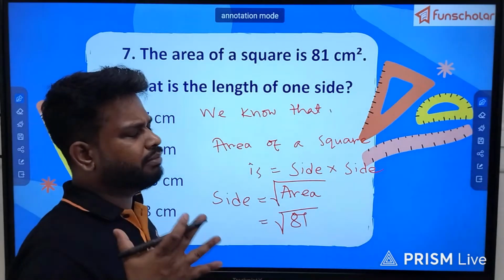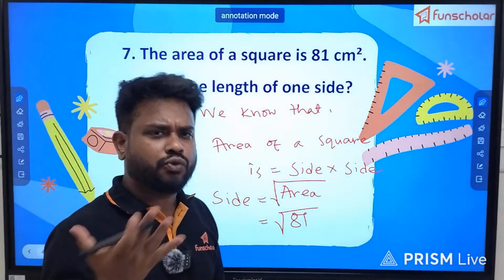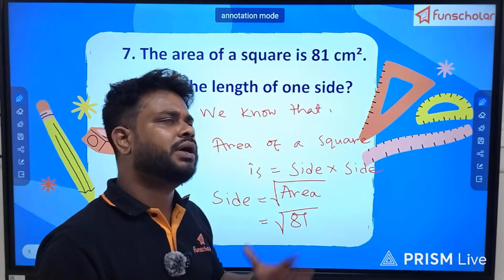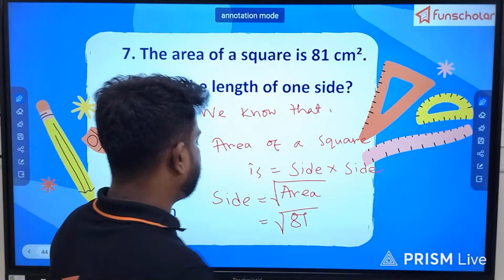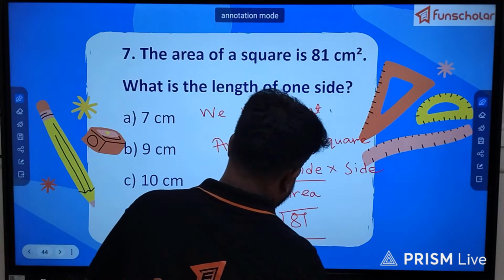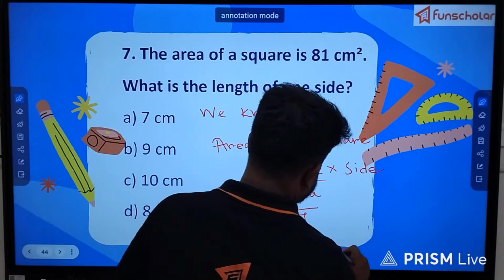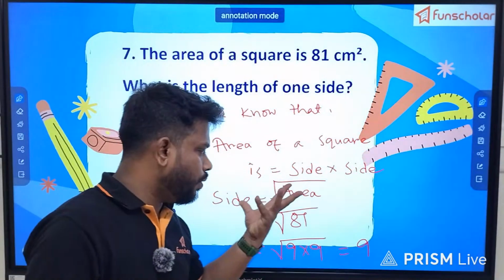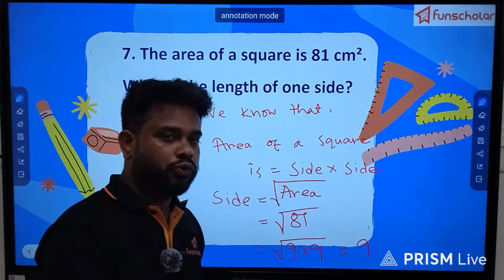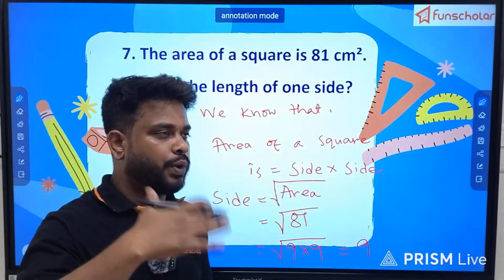And I know that maybe you guys are wondering what this square root means. The concept of square root is in class 6 as well. So it will be 9 into 9 equals 81. If you want to learn more about square roots, just check the videos on squares and square roots.